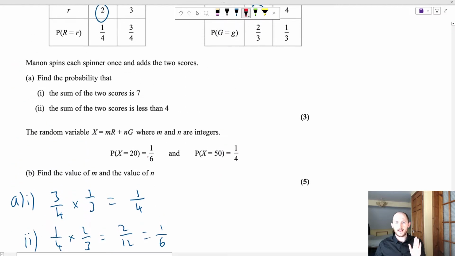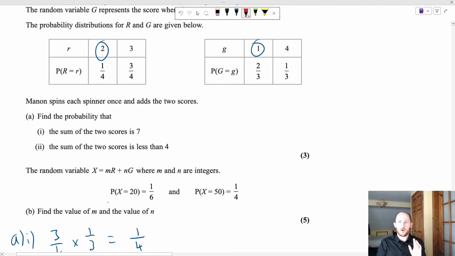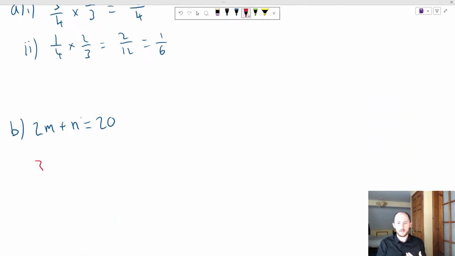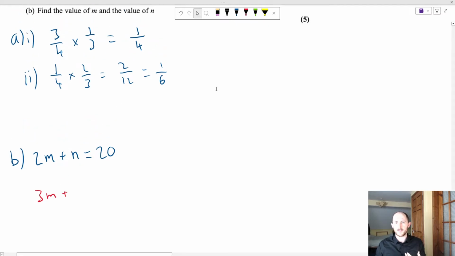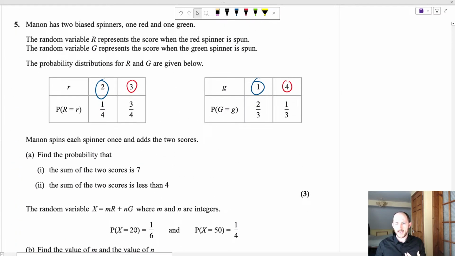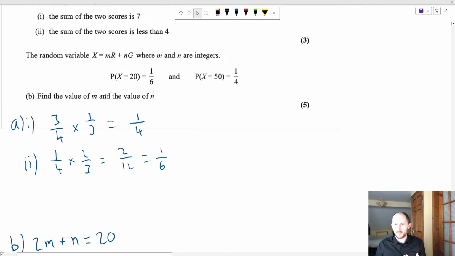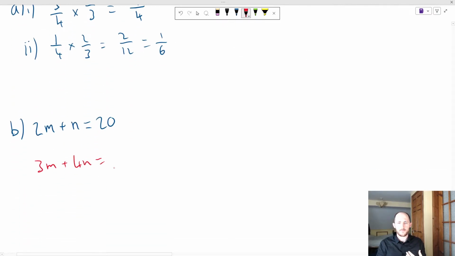I'm going to write the next one in red because it says a quarter. If you notice, we got a quarter from this one, and we got that when R was 3 and G was 4. So the only way to get that is when R is 3, so that's 3M plus 4N equals a number. What is that number? 50.